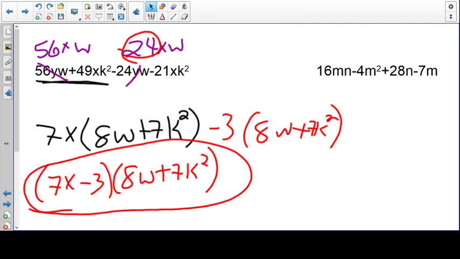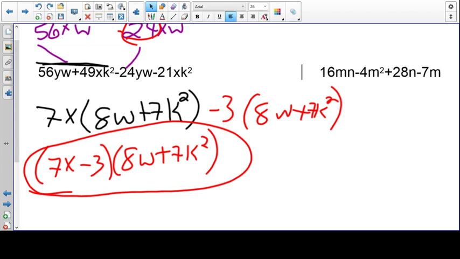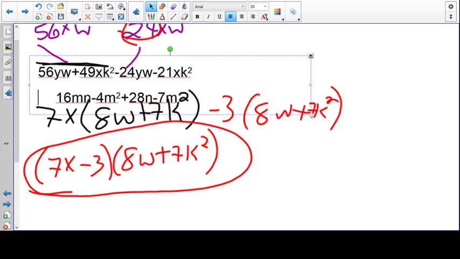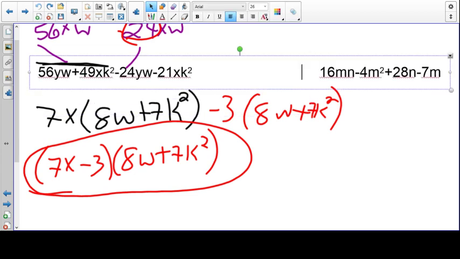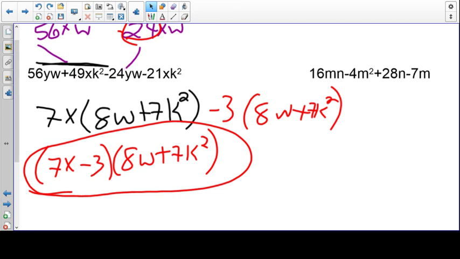I'm going to move over this next one so I have enough room to write it all out. Oh, I moved both of them. Okay, no luck. I want you to try working through this next one on your own. Double check as you're going.